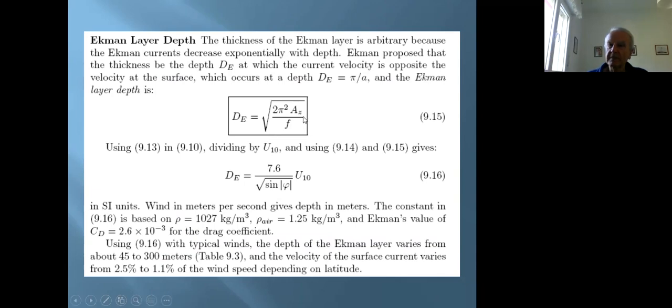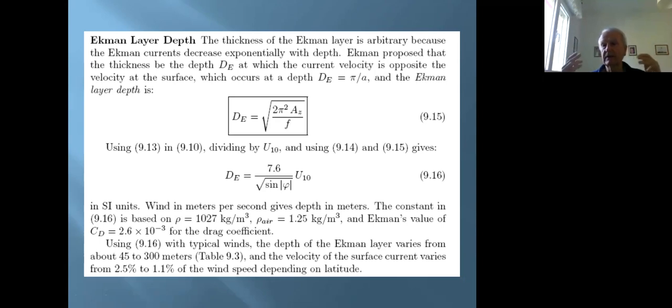The Ekman layer depth is proportional to the friction on one hand, and on the other hand is inversely proportional to the Coriolis parameter. What does this say? This says that the stronger the differences in vertical gradient of velocity between the wind and the ocean, the deeper is the Ekman layer.